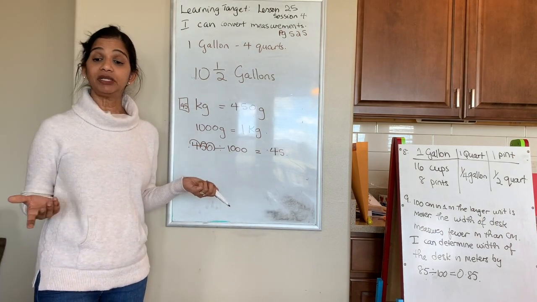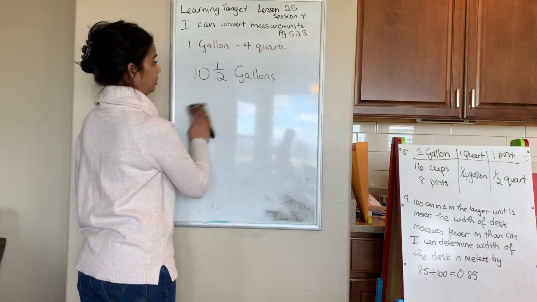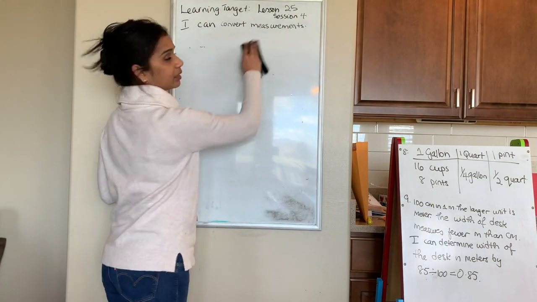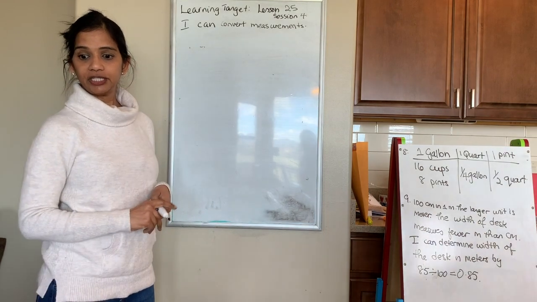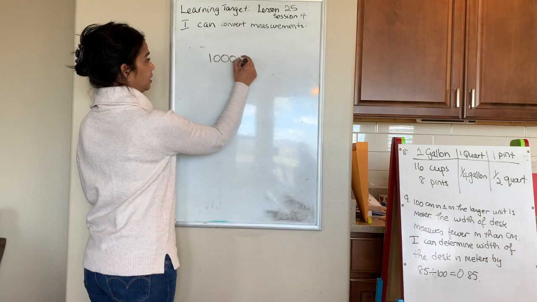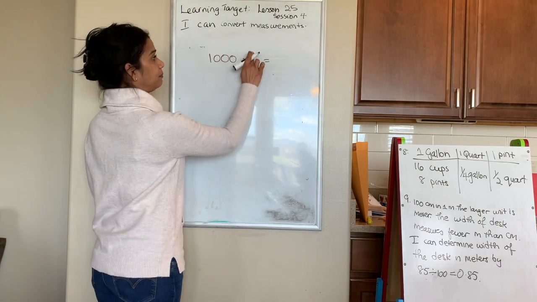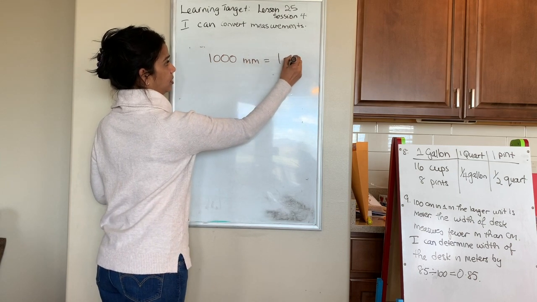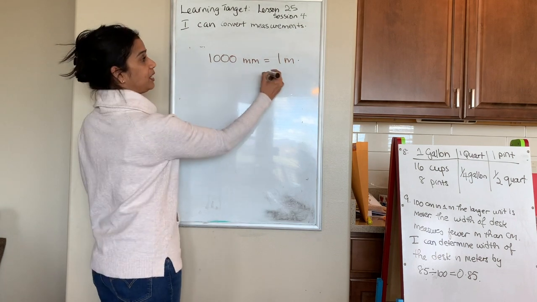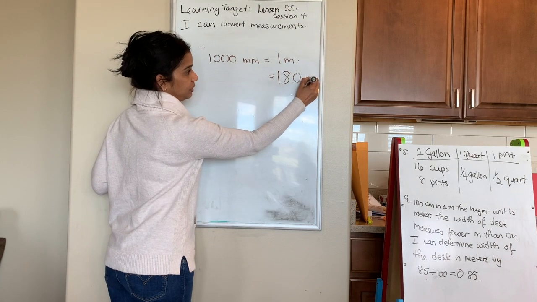Number 3, how many millimeters are in 180 meters? Come on, you can do this one. Okay, how many millimeters are in 180 meters? We know that 1,000 millimeters are in 1 meter. So now we want to find out how many millimeters are there in 180 meters.